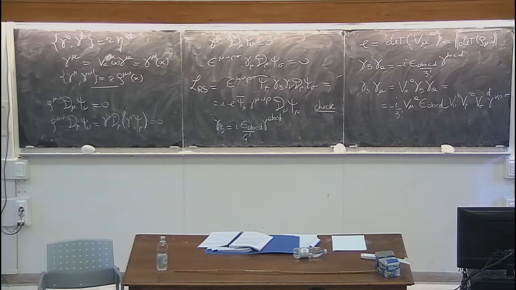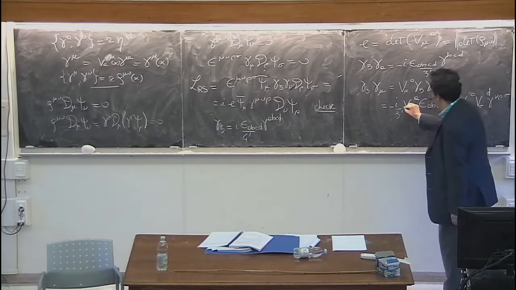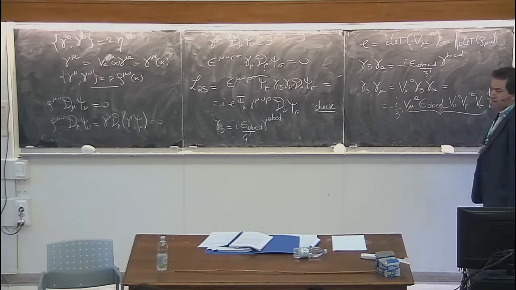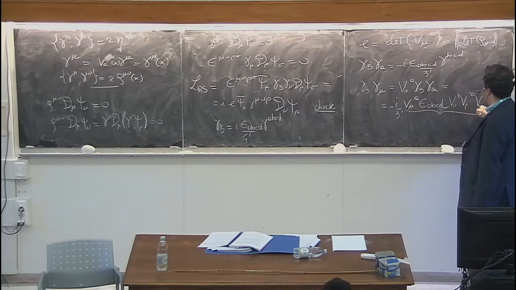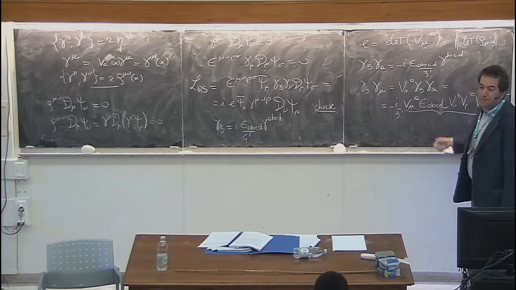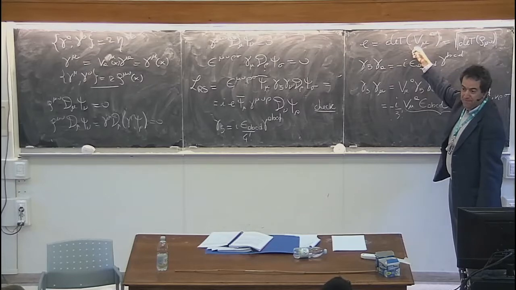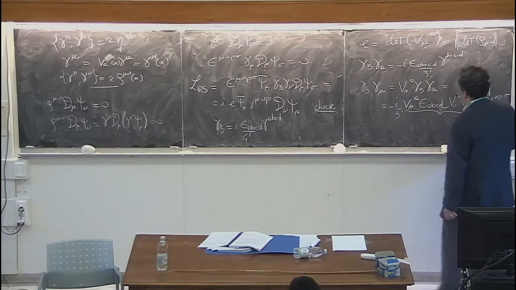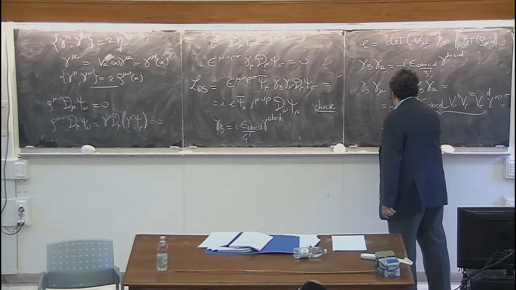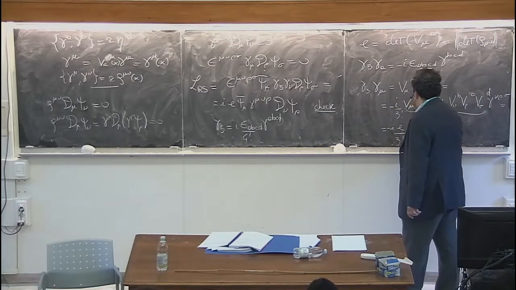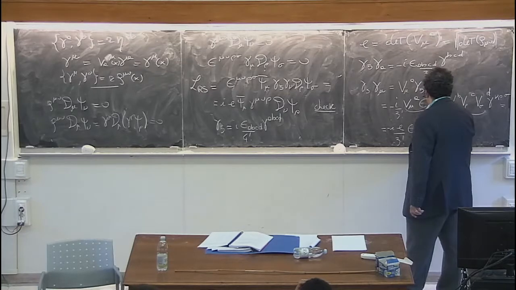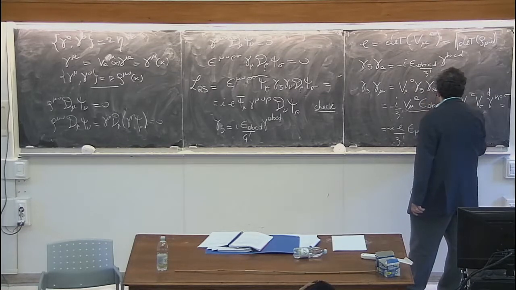Now, what is this? Matrix theory. This is nothing but epsilon mu nu rho sigma times the determinant of the matrix V, which is e. So here I get minus i e over 3 factorial epsilon mu nu rho sigma gamma nu rho sigma.